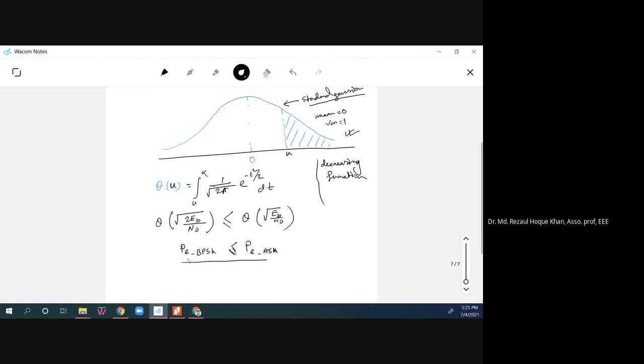Now there should be an assumption. What is the assumption? That both modulation schemes use the same bit energy.